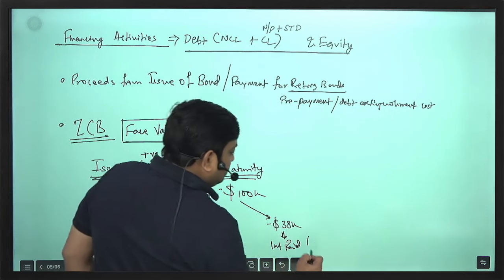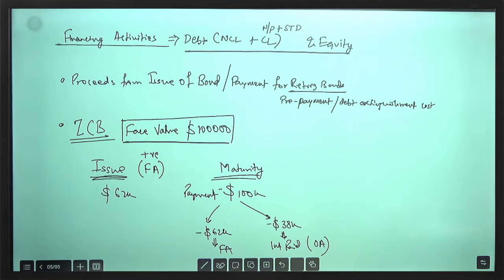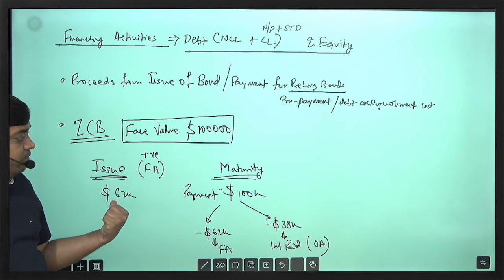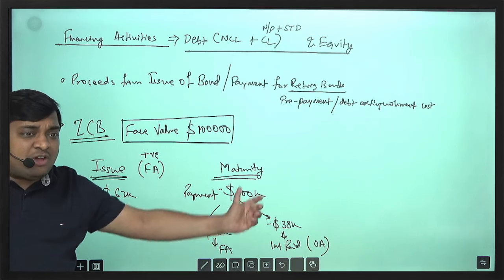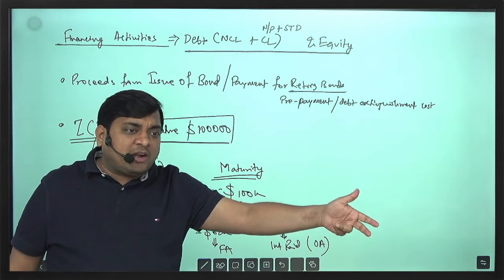So this is what? Operating activity. Because this is what you have collected. For ZCB, this is the principal value. Along with effective interest, you are paying 1 lakh. So principal plus interest is equal to maturity.